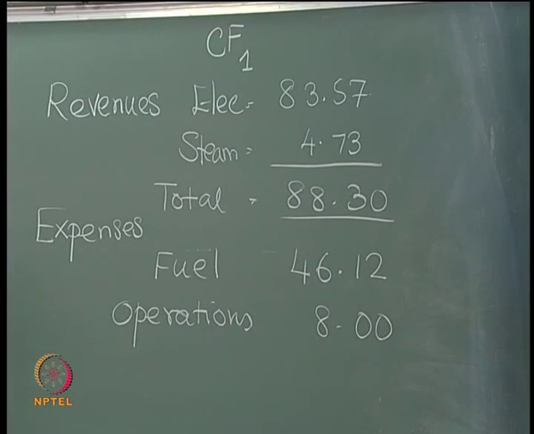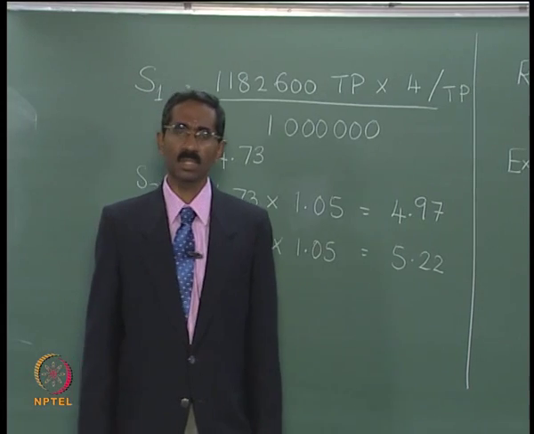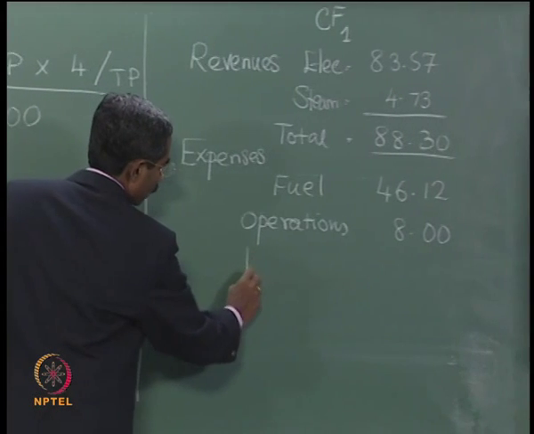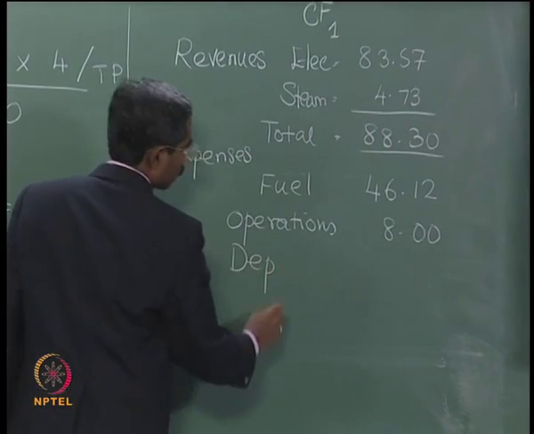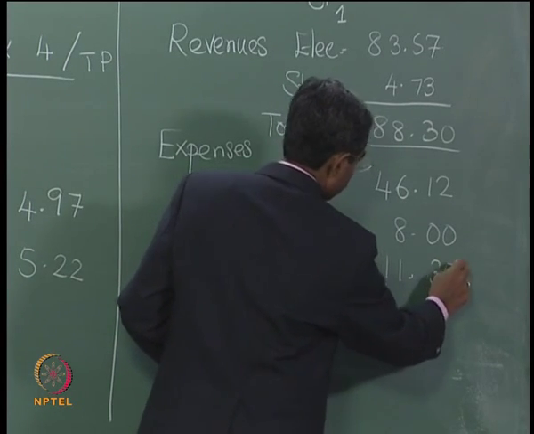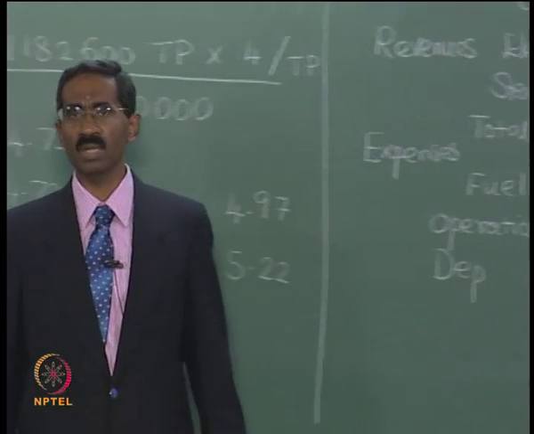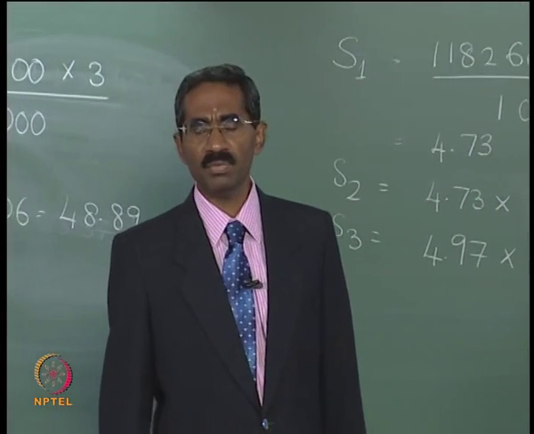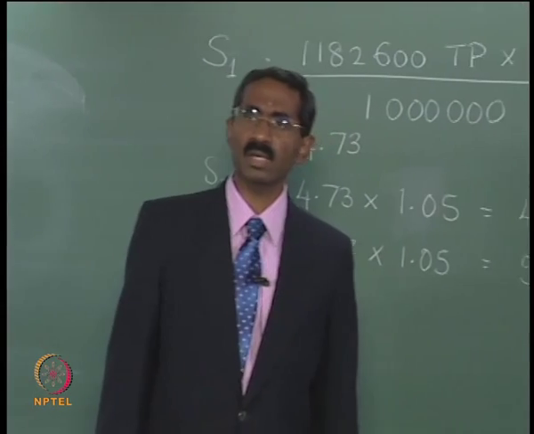and we also have to account for some non-cash expenses. Depreciation is a non-cash expense, and depreciation is 11.35. What we said is there is going to be a 10-year life, and it is going to be depreciated on a straight line basis.